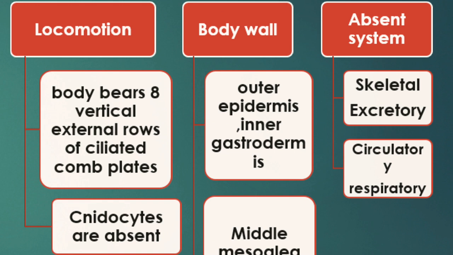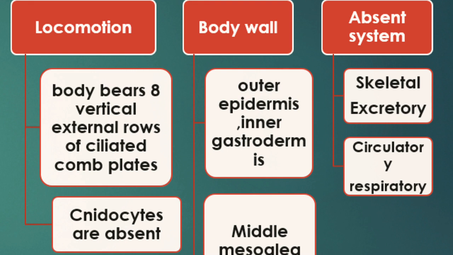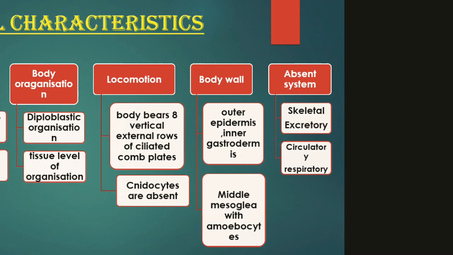Because of that they are very simple, with simple tissue organization, and with the help of this tissue only they perform their body functions, without skeletal, excretory, circulatory or respiratory systems.